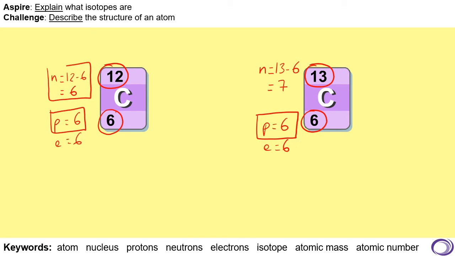The left-hand carbon has got 6 neutrons, the right-hand carbon has got 7 neutrons, so they have a different mass number. So they're different versions of a carbon atom. This is what we call isotopes. Okay, so these two atoms of carbon are both carbon, but they're different versions. They are isotopes of carbon.